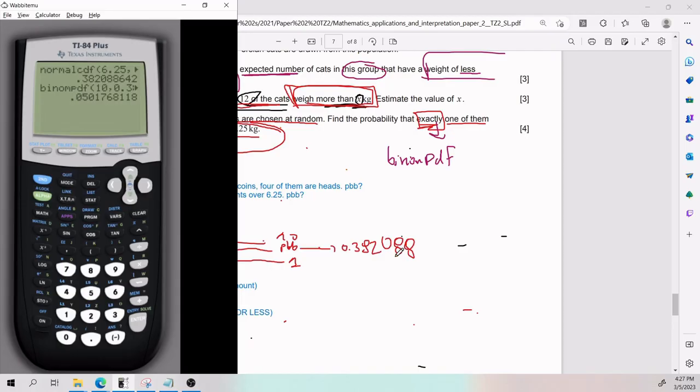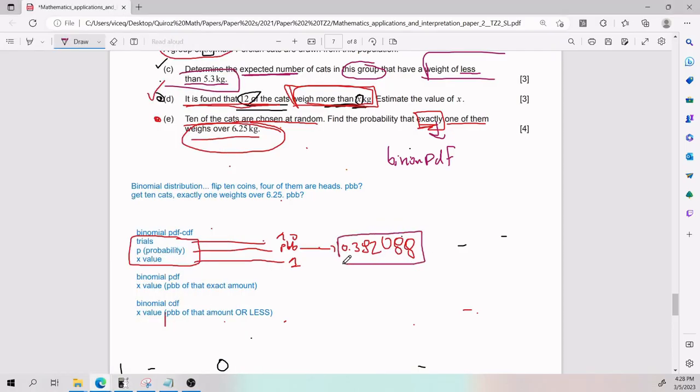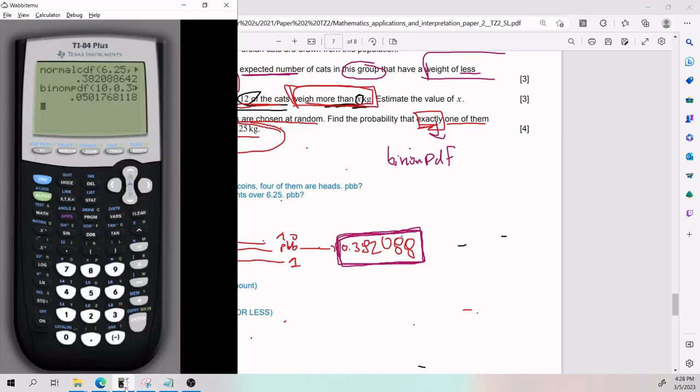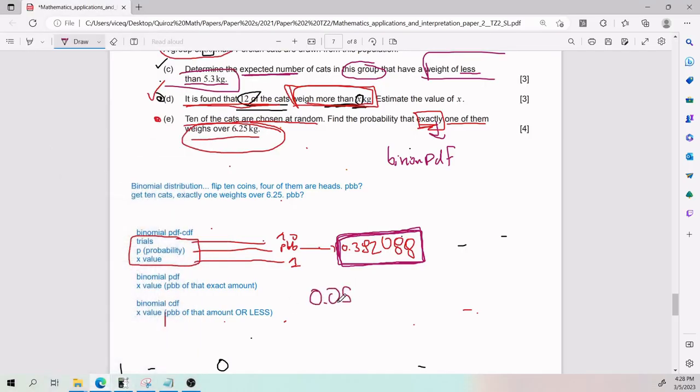We get this. Which actually makes sense because if 38% of all your cats weigh more than 6.25 and you pick 10 of them, getting only one of them that weighs that amount would be unlikely. And in this case, we did get an unlikely number.